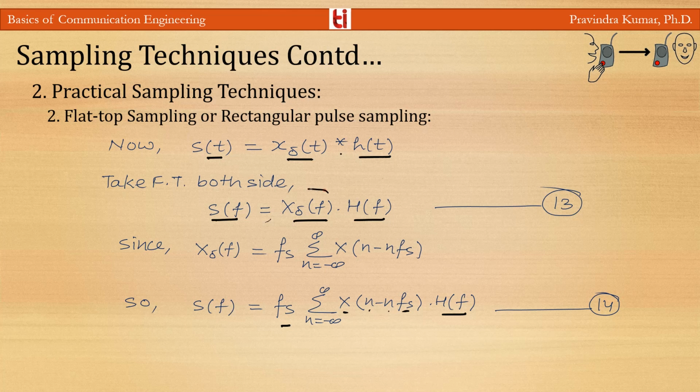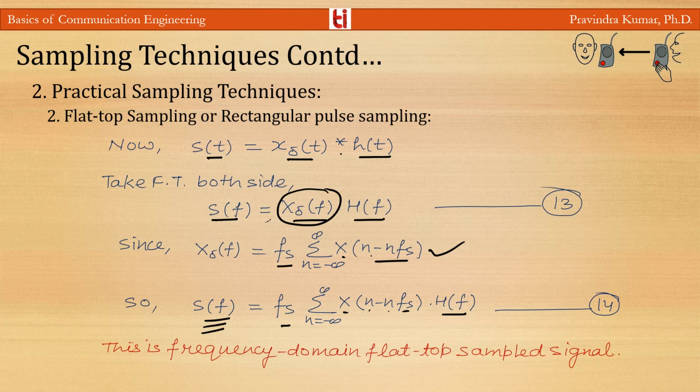So the spectrum of the flat top sampled signal is S(f) equal to fs times the summation of X(f minus n fs) into H(f), because the spectrum of X_delta(f) is fs times the summation of X(f minus n fs), from the previous lecture. This equation shows the frequency domain representation of the flat top sampled signal.